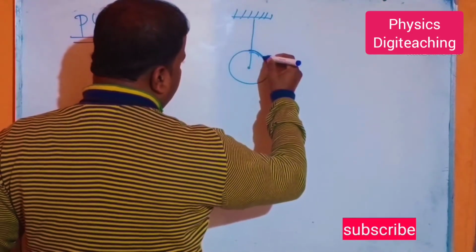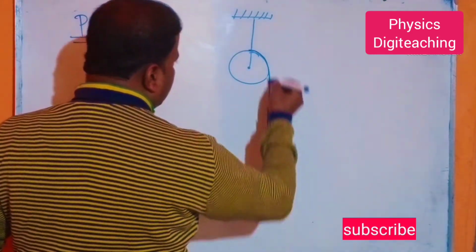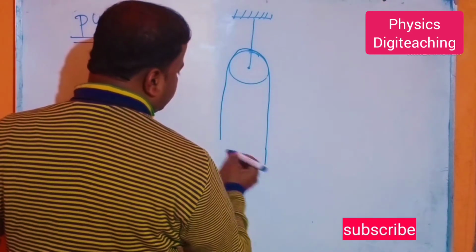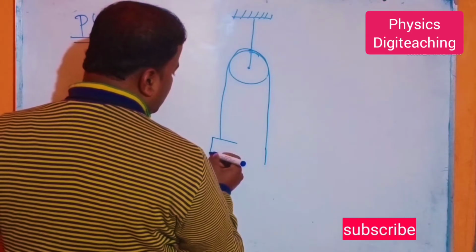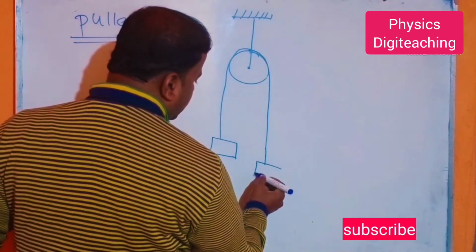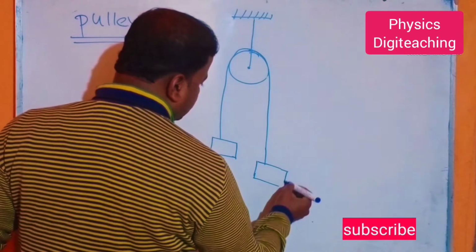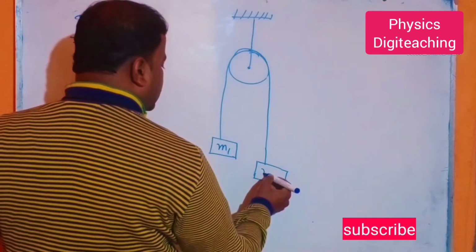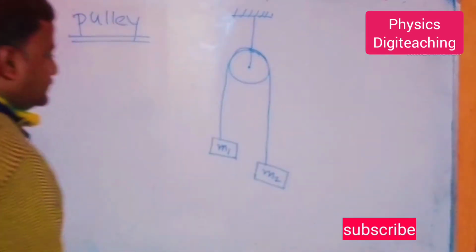Here a rope passes over the pulley. Two masses are connected with this rope. Say this is M1 and this is M2.